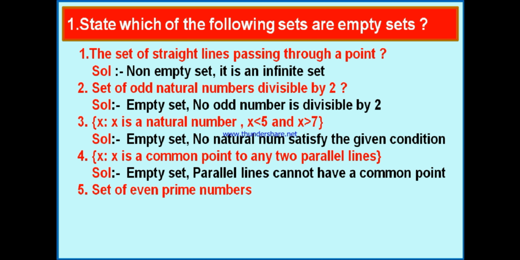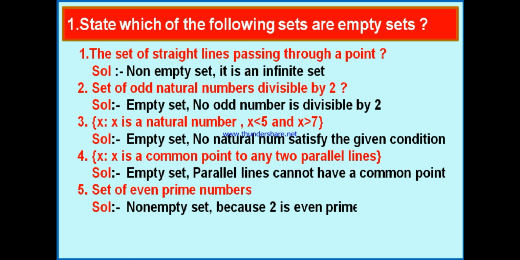Therefore, there is one even prime, which is 2. So this set of even primes has only one element, 2. Since there is an element, it is not an empty set. It is a singleton set at the same time.